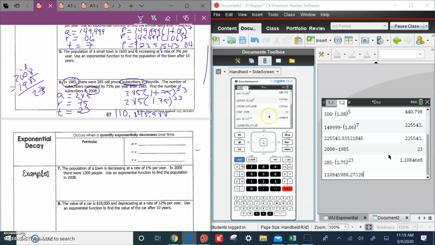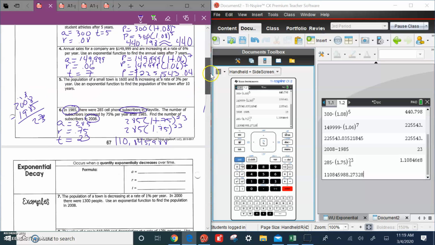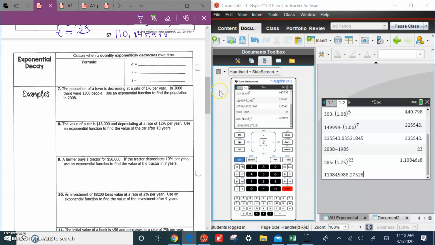All right, on the back side, we are doing exponential decay. So decay, you're going to be noticing the difference between growth and decay is that these word problems have keywords that mean that it's decreasing. It'll say decreasing, or words like depreciation, loss. So those will give us a hint that we're going to have a decay.